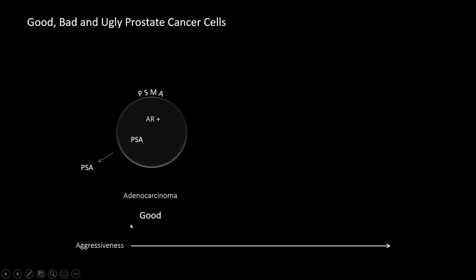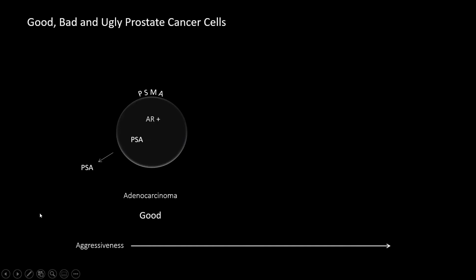Adenocarcinoma is generally a good form of cancer to have if you have prostate cancer, because generally speaking, it has androgen receptor, which makes it susceptible to hormone therapy. And it has the serum marker PSA, which comes out in the bloodstream. And it has the marker on the surface, which can be imaged and targeted with therapy.